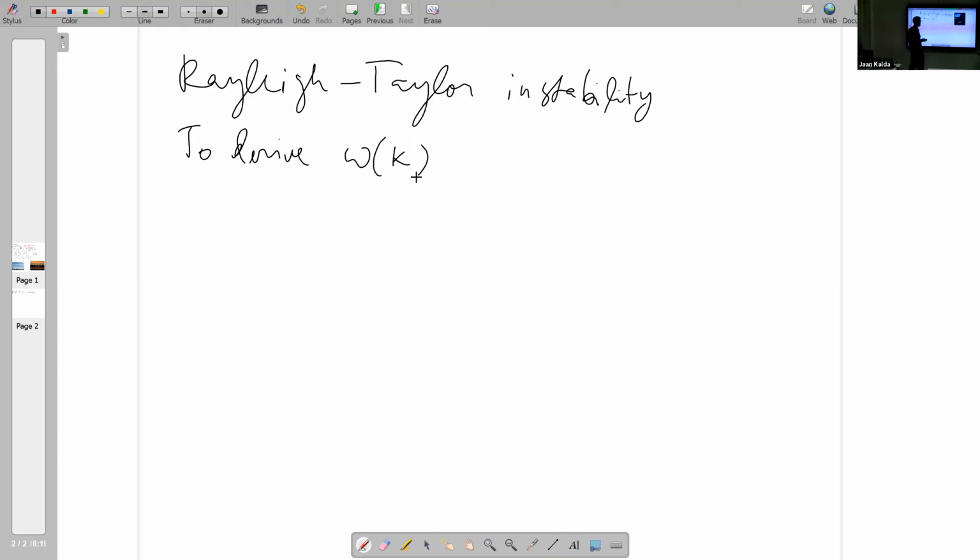So to derive omega of k, the steps are: write down your equations of motion.